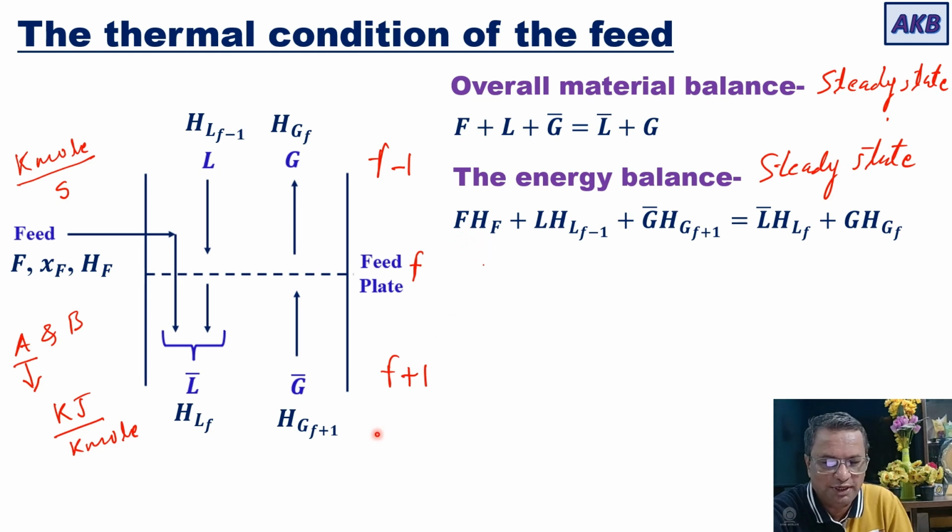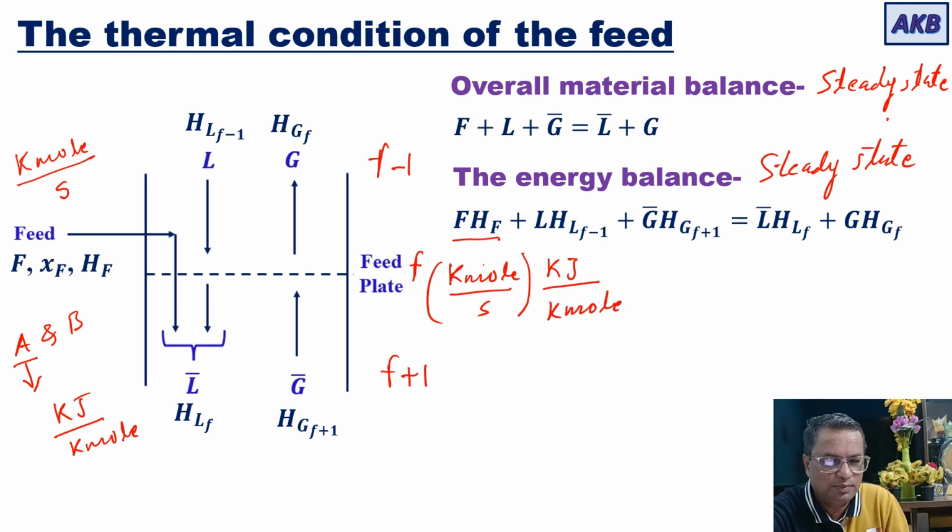Now let me explain this term. F has units of kilomole per second, and HF has units of, for example, kilojoule per kilomole. So what happens if you take the product of F and HF? The kilomole and kilomole cancel out, and you are left with kilojoule per second.